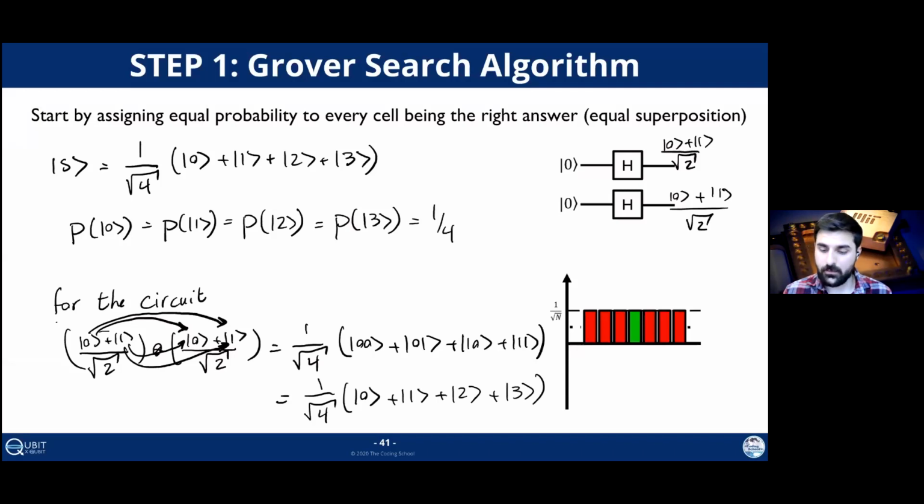So again, going back to the general idea here, we start with every single state being in an equal superposition. In this case, we have 4 states. And then we can represent it using this graphic, of course.